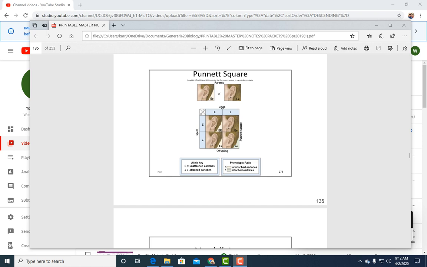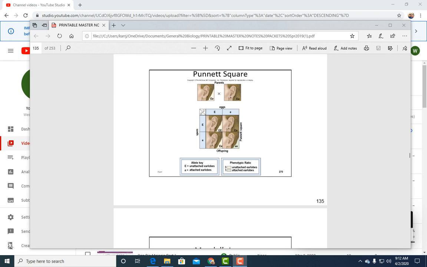So if we look at what attached earlobes look like, it means that there's no little fleshy region here that hangs down. So you can see here, unattached earlobes, there's a fleshy region that hangs down away from the side of the head. But because each of these individuals carries a recessive allele, if that recessive allele in egg and sperm come together at fertilization, we're going to end up with an individual that is little e, and we're going to see the attached earlobes.